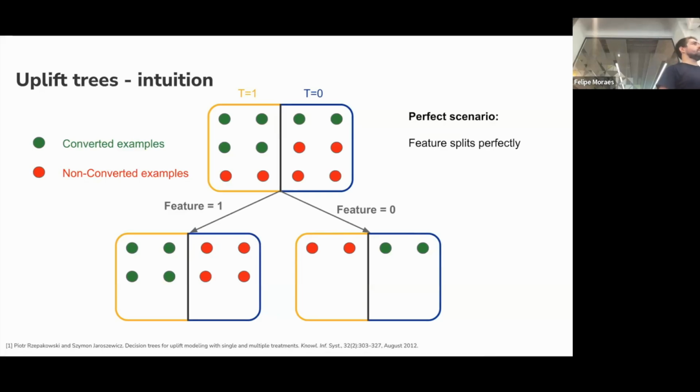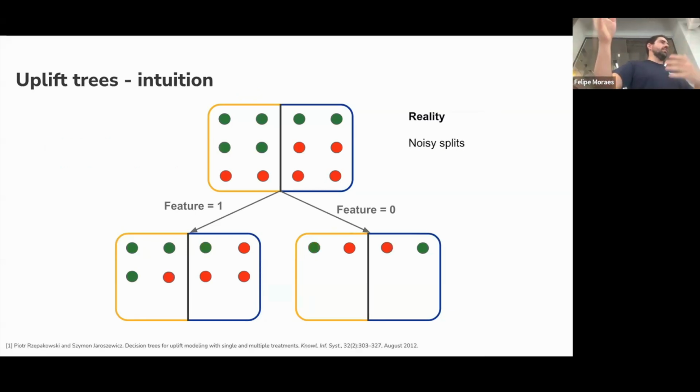You know who is converted and not converted, but you don't know how each feature separates that. If you have a binary feature, let's say whether someone plays football or not, I don't know, just thinking of something, based on that you wouldn't get these perfect splits. Most of the time you get something noisy like this.